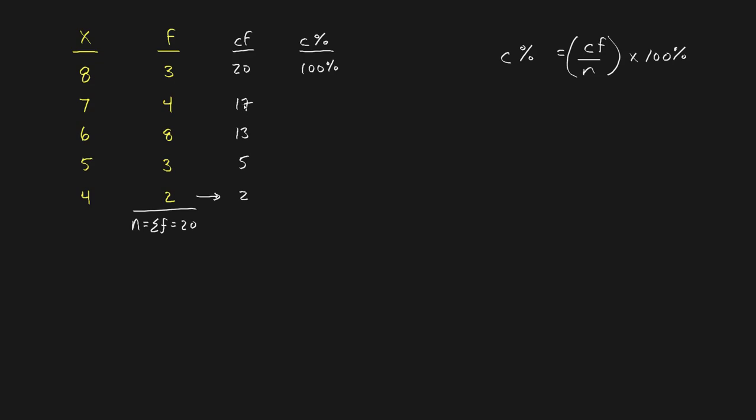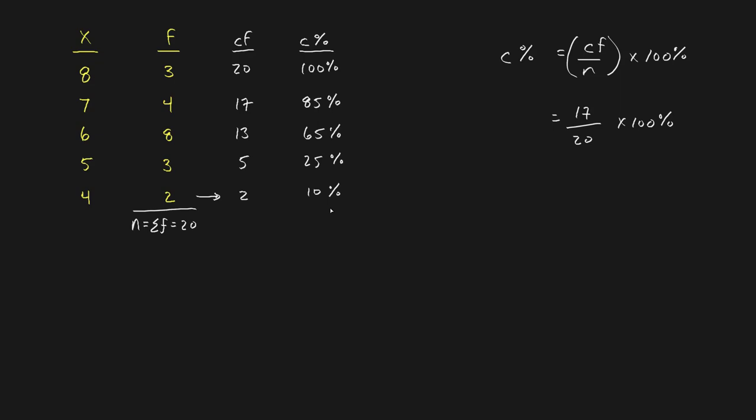On the other hand, if I had 17, that would be 17 over 20 times 100%. If you work this out, it comes out to 0.85 times 100%. That is 85%. 13 gives me 65%. 5 gives me 25%. And 2 gives me 10%.